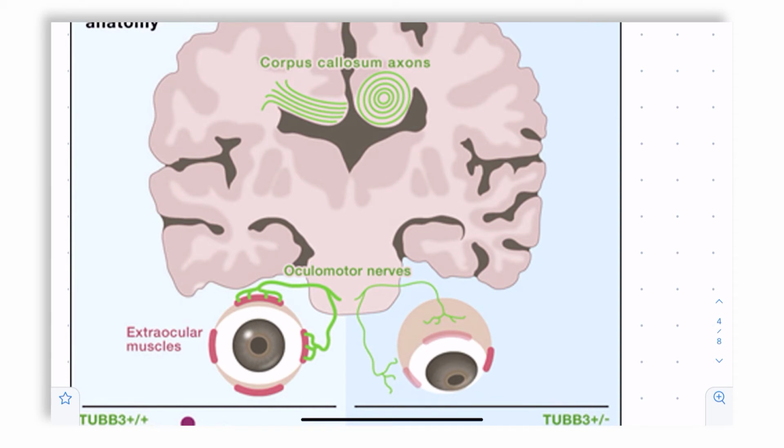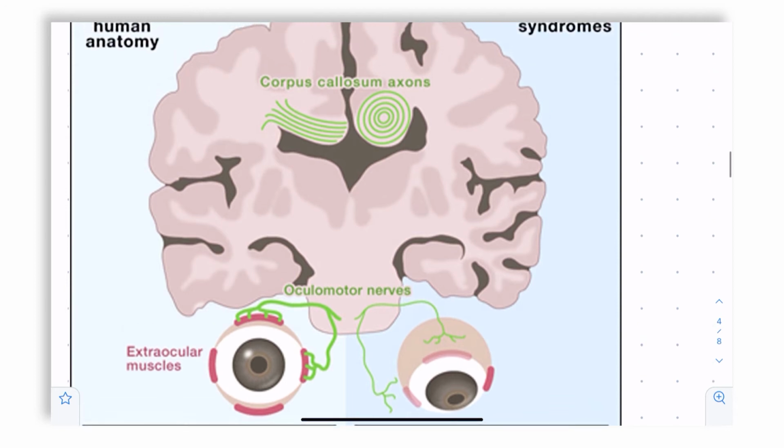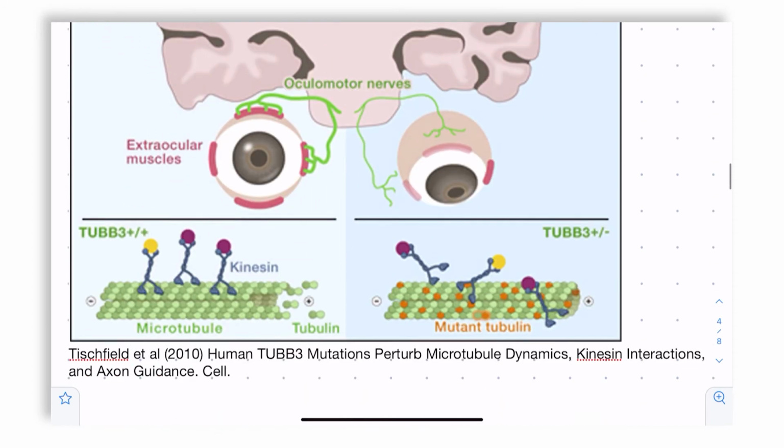is the brain. In humans, it has been shown that tubulin B, one of the monomers that makes up the tubulin dimer, specifically tub B3, which is an isomer of tubulin B, when it is missing, results in malformation of corpus callosum axons and the oculomotor nerves, leading to mental defects and vision defects.